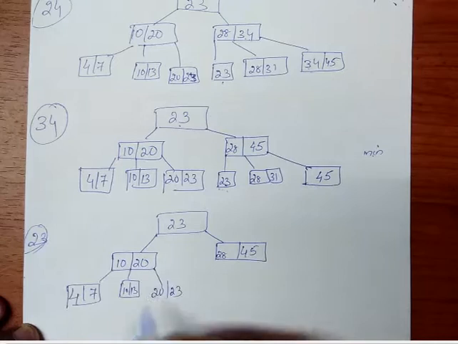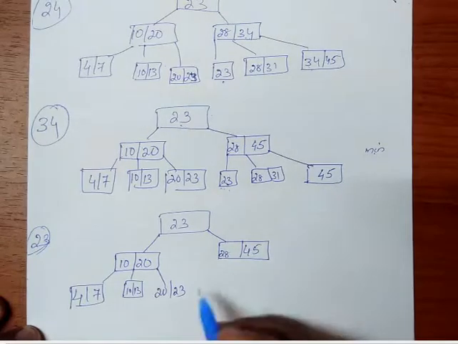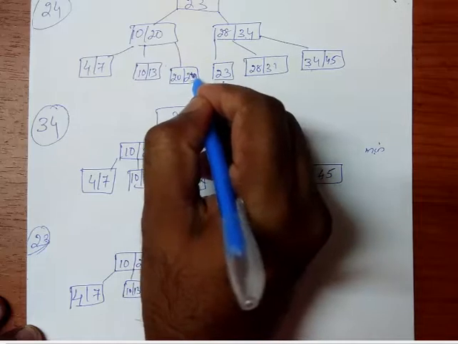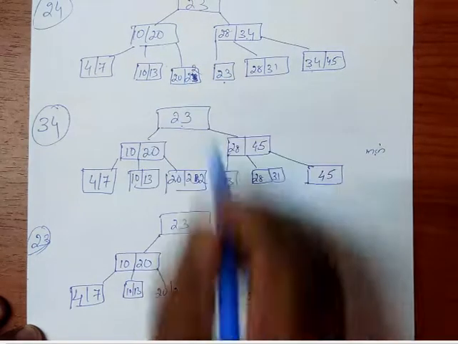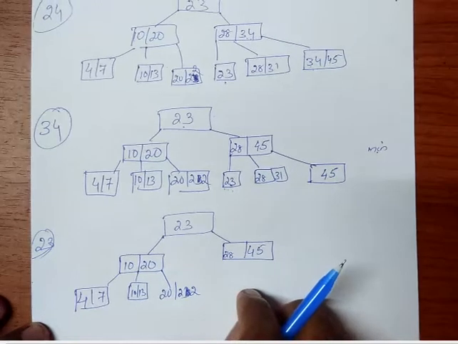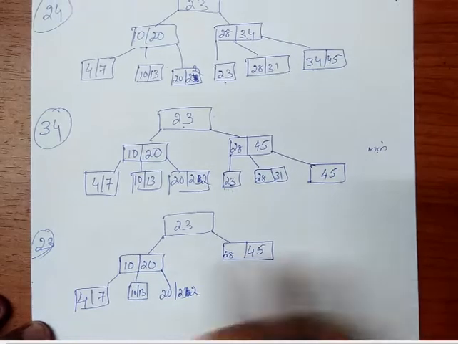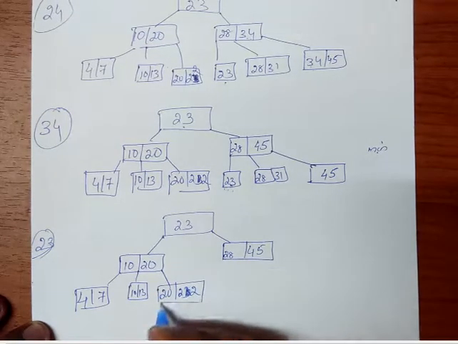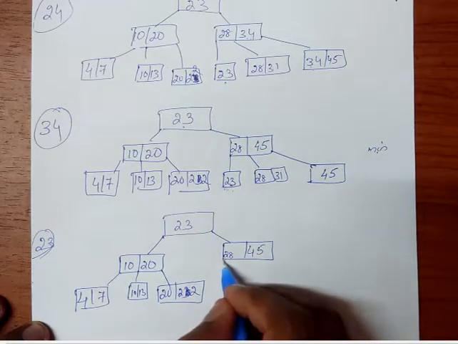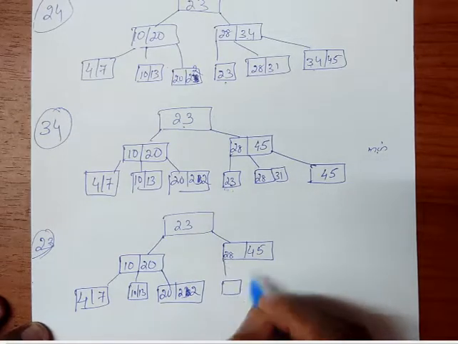So here it is 22. Next we need to remove the element 23, so here we removed the element 23.